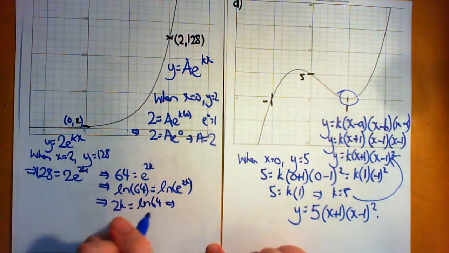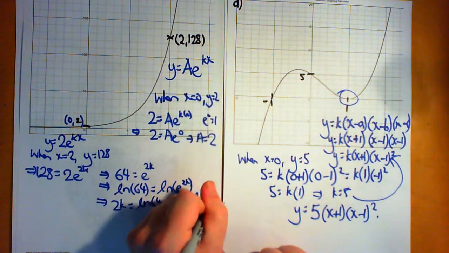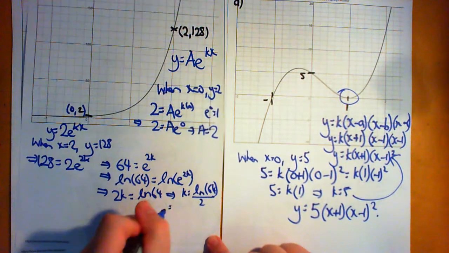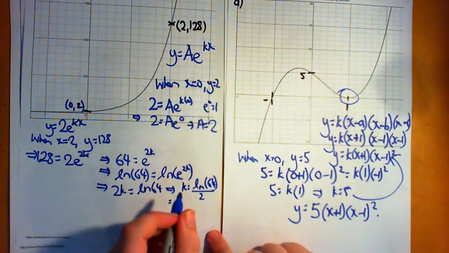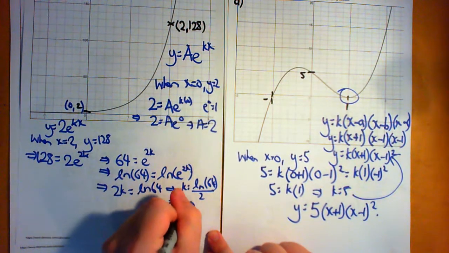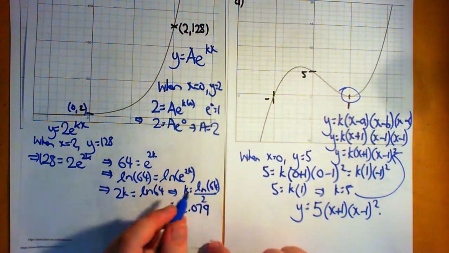So therefore k is going to be ln of 64 divided by 2, and if we calculate that, we end up with 2.079. So we've got the value of k.